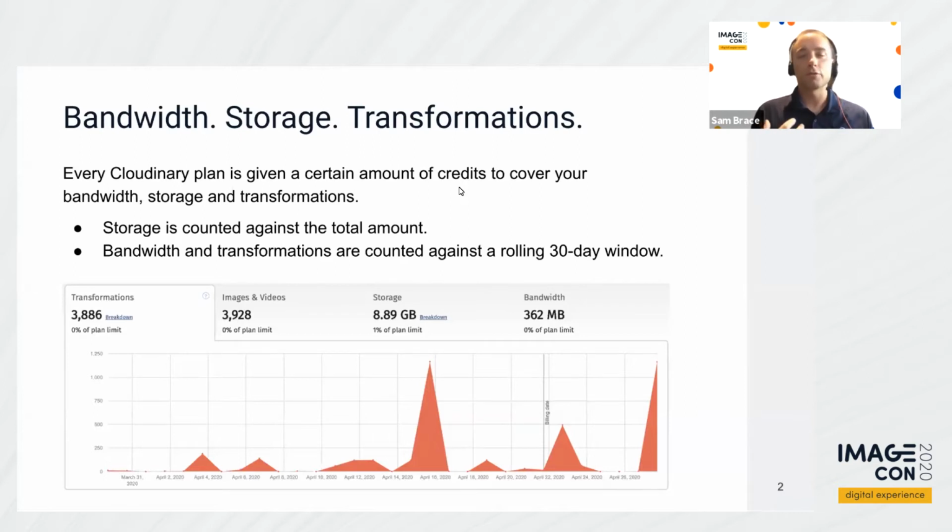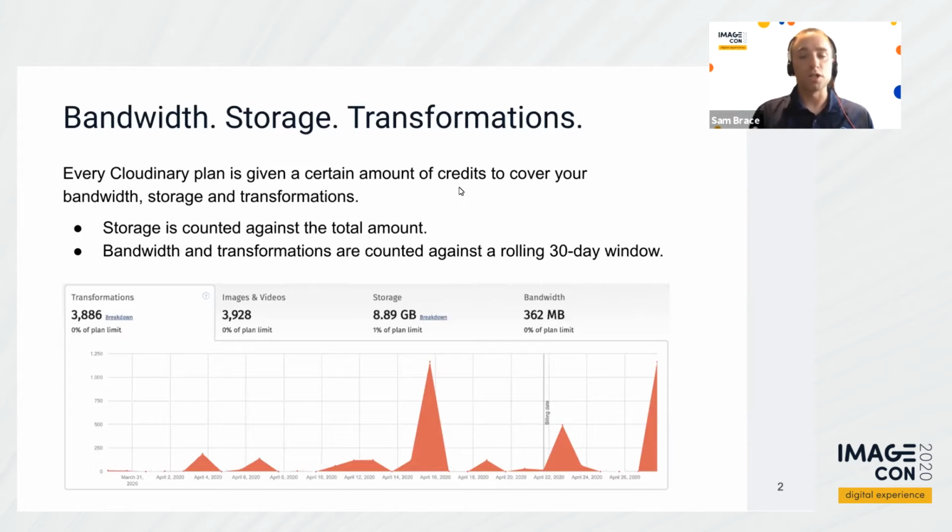There are going to be three main components to every single Cloudinary plan, regardless of whether you are using a free version or our enterprise level accounts, some of the biggest customers that we have. Every one of them has this as a common factor: they're using their plan based on the bandwidth that is consumed by delivering their assets, those images and videos.